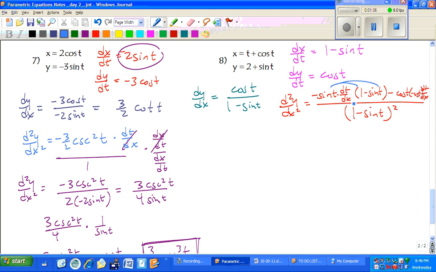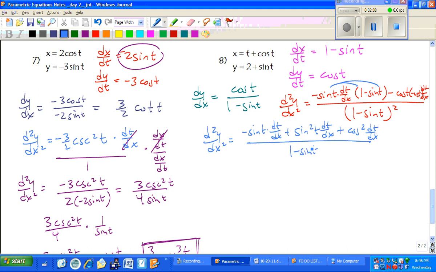So we can go ahead and simplify the top a little bit. We get negative sine of t dt/dx plus sine squared of t times dt/dx. Multiply these, we get plus cosine squared of t dt/dx. And that's all over 1 minus sine of t squared.